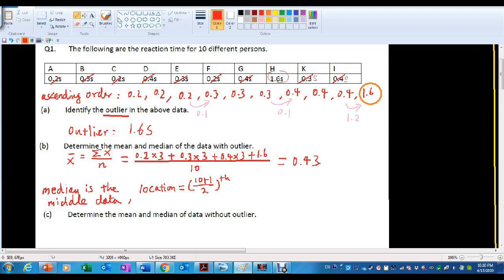So the order would be 5.5. We don't have an exact location of 5.5, but 5.5 means between 5 and 6. So the median would be the 5th data plus the 6th data, divided by 2.